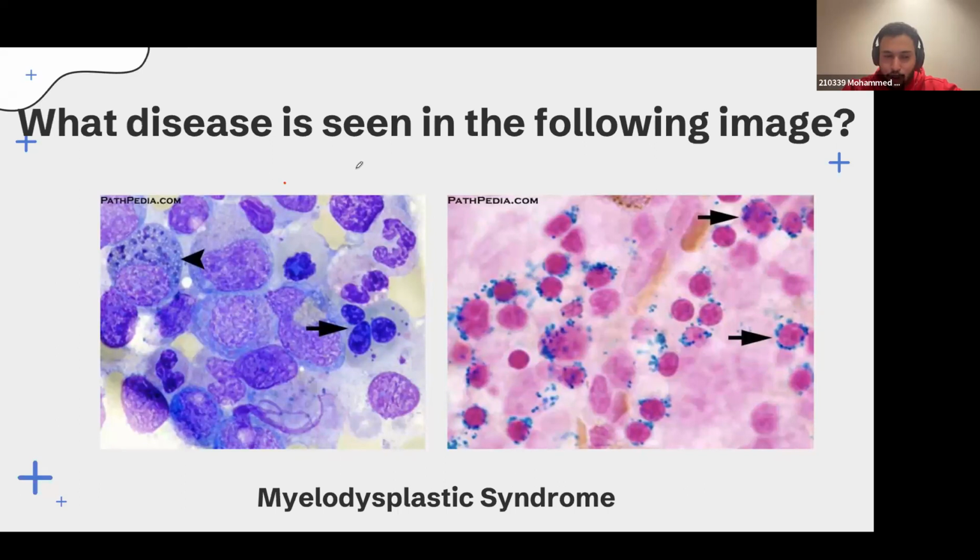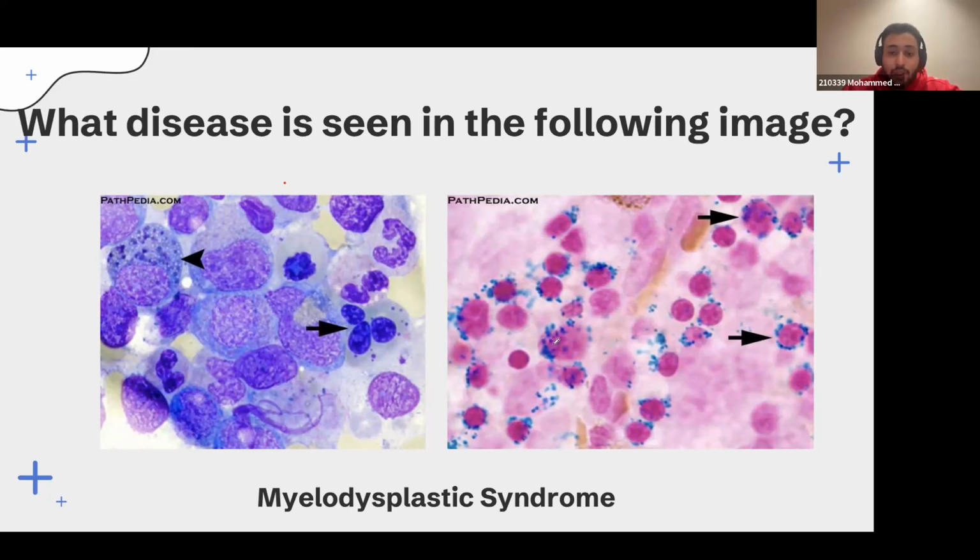Okay, it's below 20%. It's high, but it's below 20%. In acute leukemias, it's above 20%. That's number one. This cell, I don't think you need to identify, but it's basically a neoplastic cell with multiple nuclei.